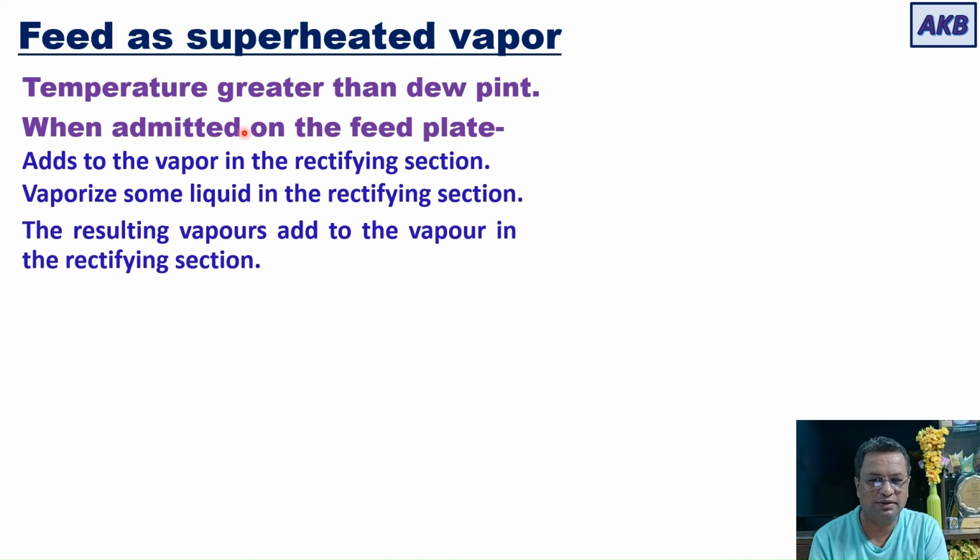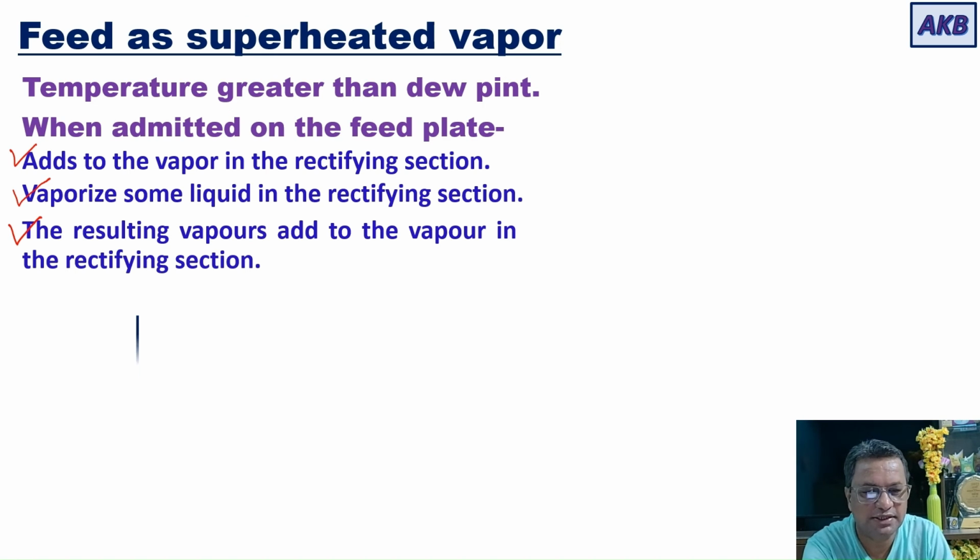So when superheated vapor is admitted on the feed plate, all of the vapor adds to the vapor in the rectifying section. Then due to the temperature of superheated vapor, some of the liquid in the rectifying section will be getting vaporized, and the resulting vapors will be adding to the vapor in the rectifying section.